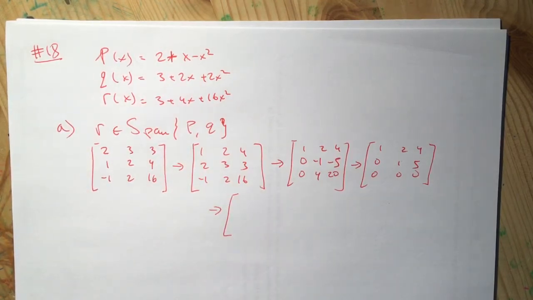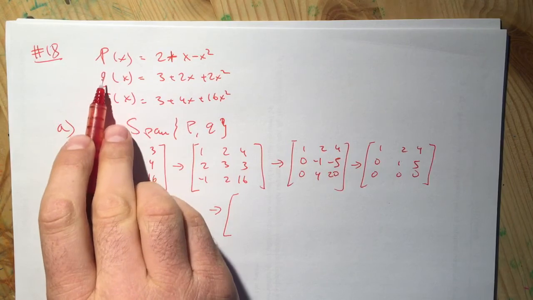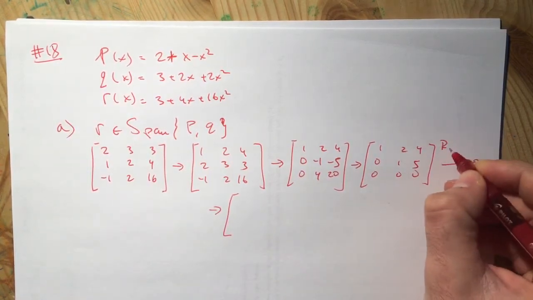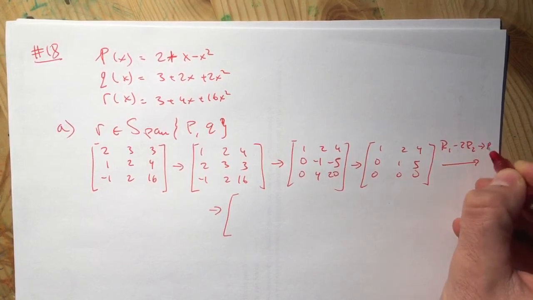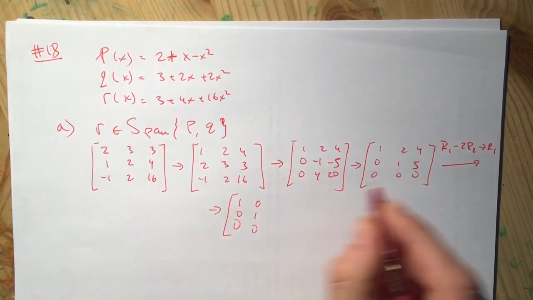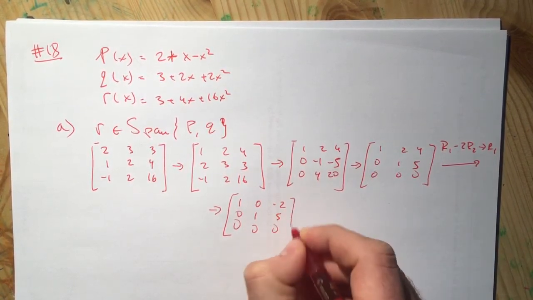If the question was express explicitly r of x as a linear combination of p and q, then I just go one step further. So this is going to be row 1 minus 2 times row 2 is row 1, and I get 1, 0, 0, 2 minus 2 is 0, 1, 0, and 8 minus 10 is negative 2, 5, 0.